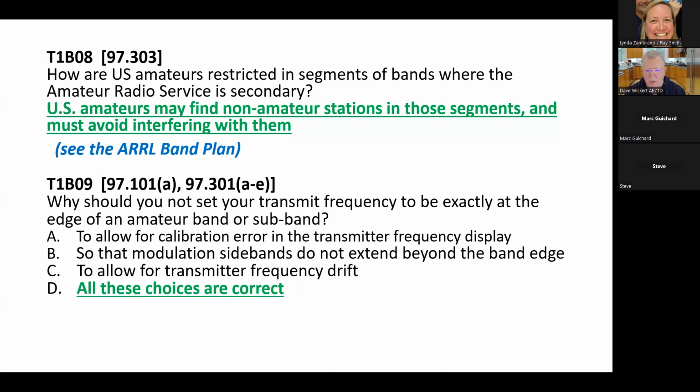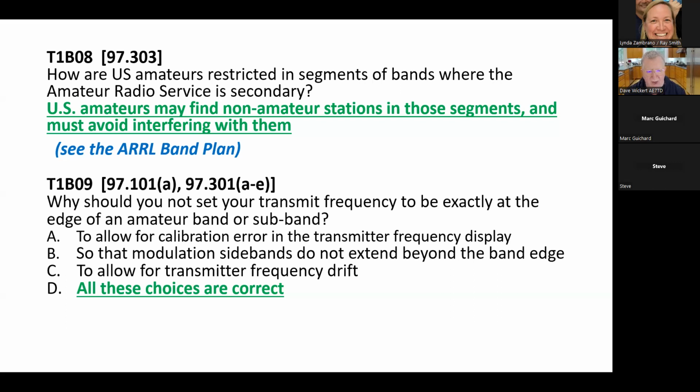Modulation types, the difference between AM, FM, single sideband, Morse code, CW, and all the digital modulation techniques, you'll get in another class. If that sounds unusual, it will be coming up in another class.